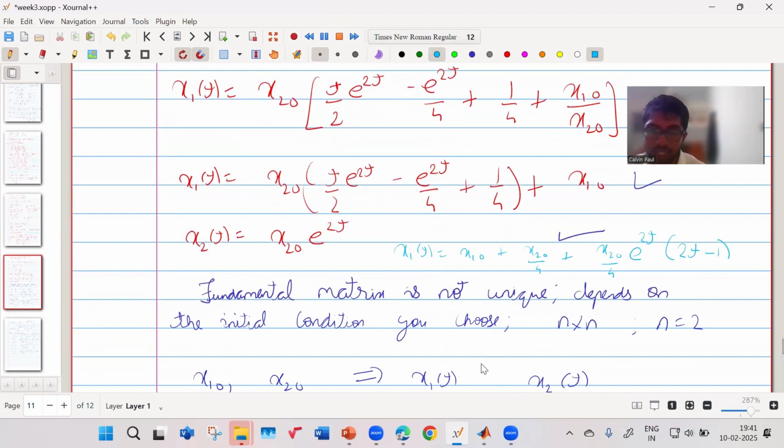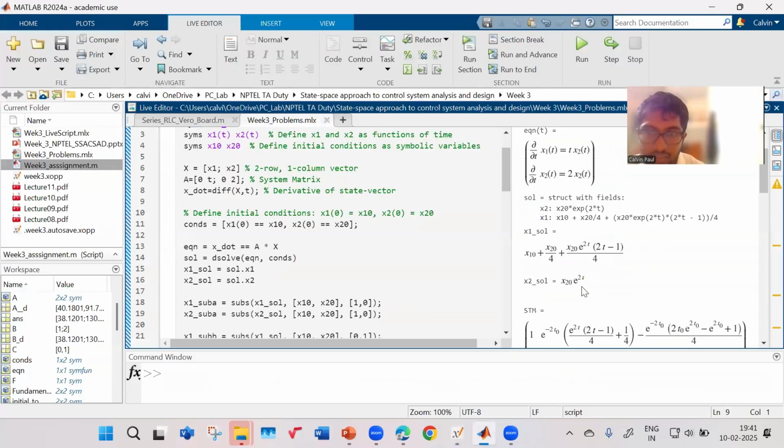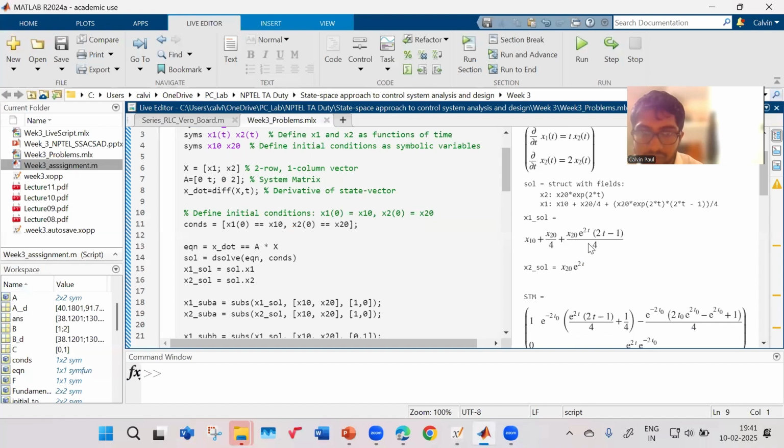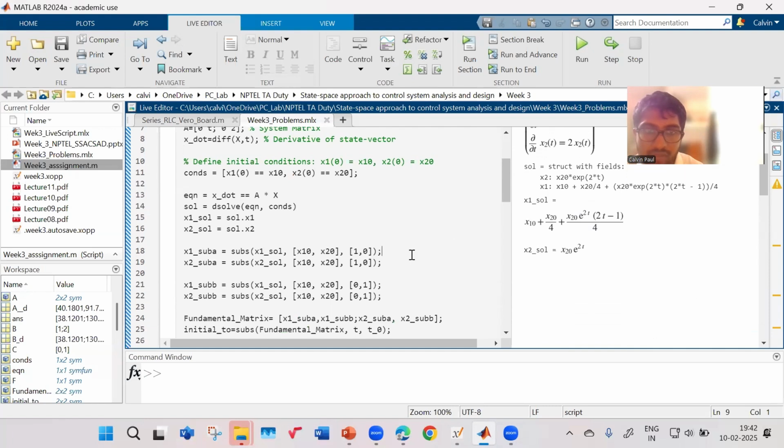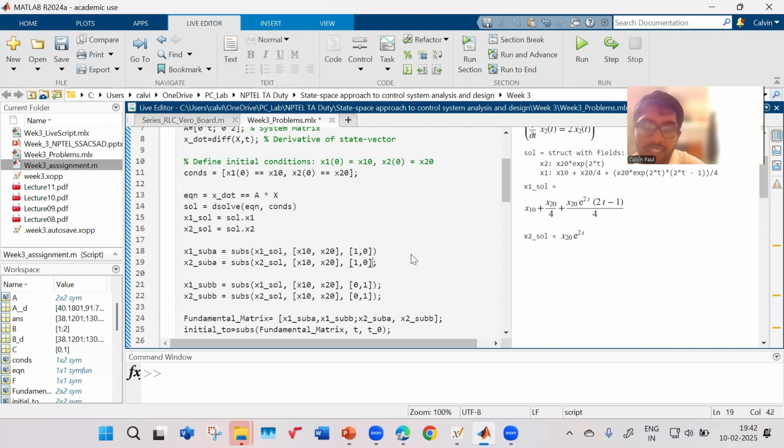Okay, so this also has been found by this equation, right? This is the equation: x20 into e to the power 2t into 2t minus 1 by 4. Now I will find what x1 and x2 are for the first initial condition, that is 1 and 0.